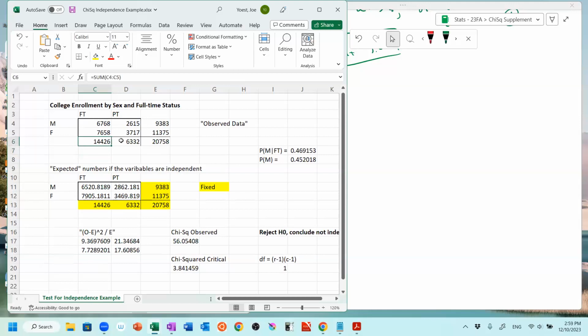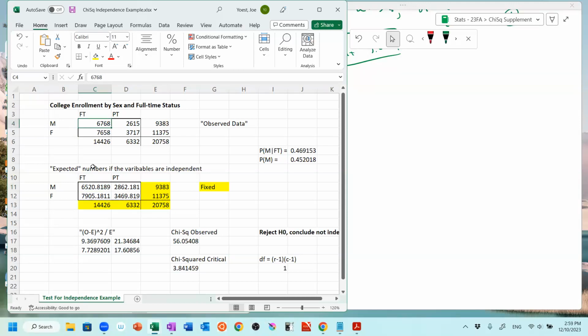Now, again, what stays consistent is the row and column totals. So we're going to fix the row and column totals. And then we're going to ask, okay, if they were independent, what numbers would we expect here?